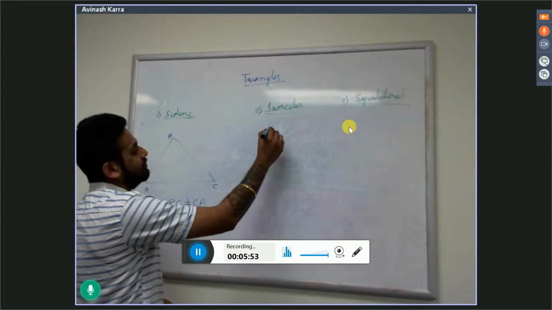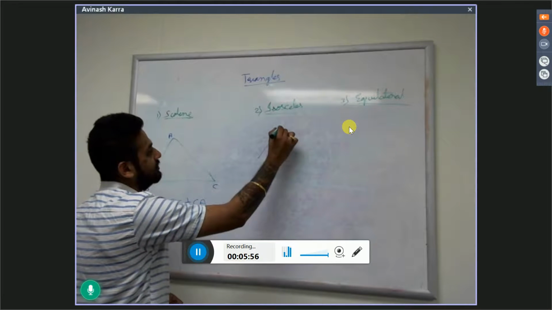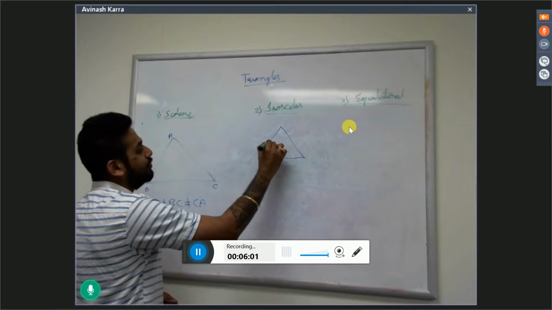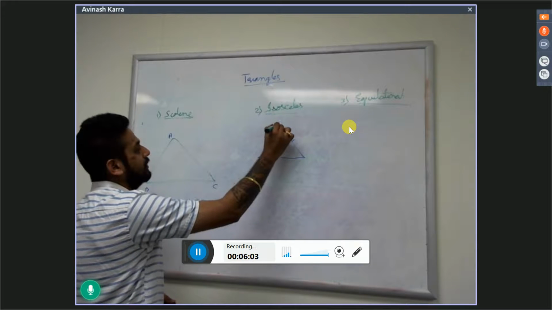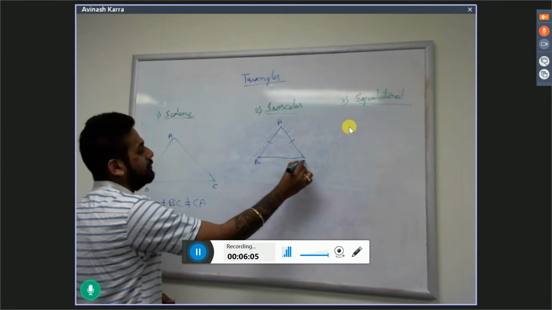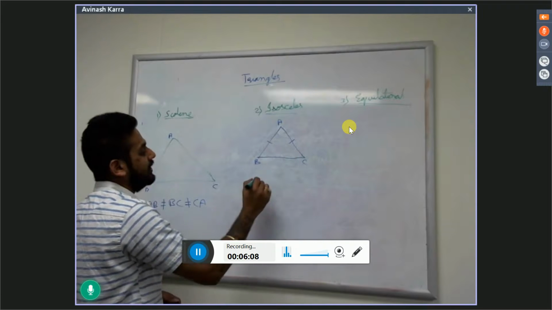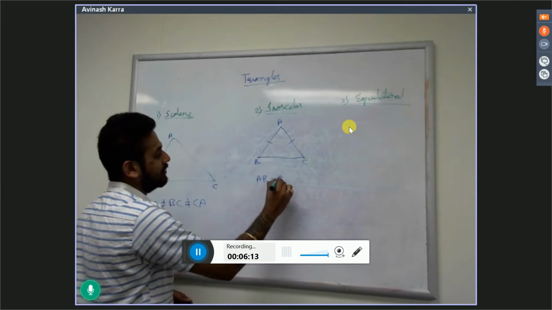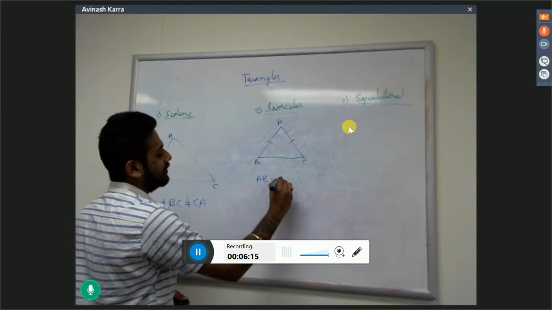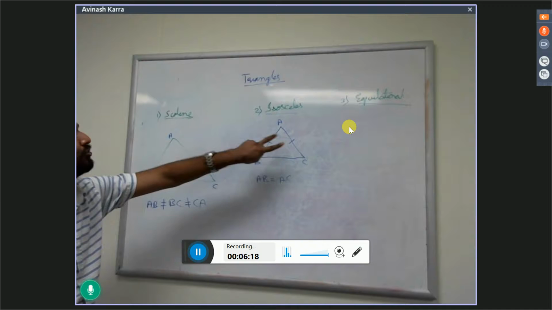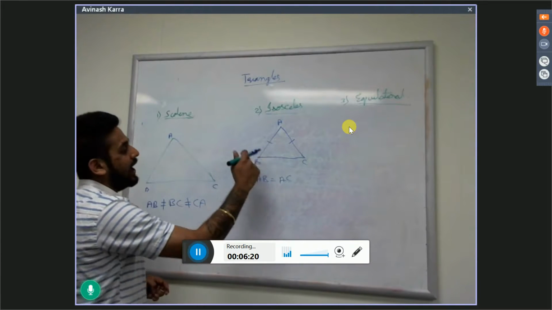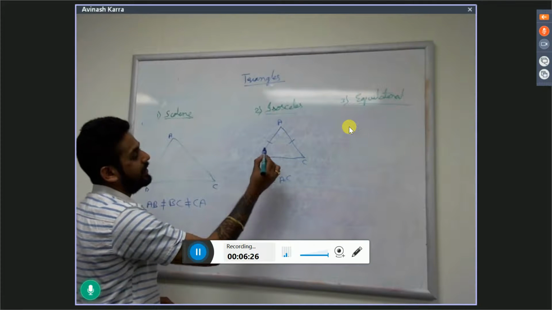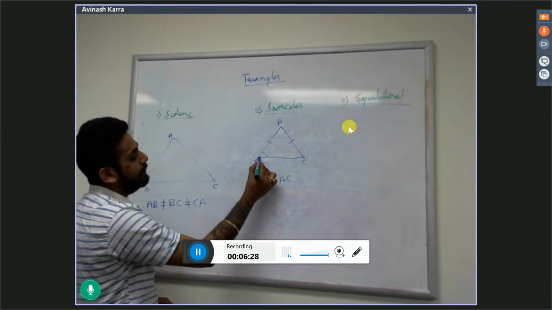And what is an isosceles triangle? An isosceles triangle is one where two sides are equal. For example, in triangle ABC, if AB is equal to AC, then it is an isosceles triangle. And if two sides are equal, then their corresponding angles are also equal. What is the corresponding angle for AC? Angle B. And what is the corresponding angle for AB?